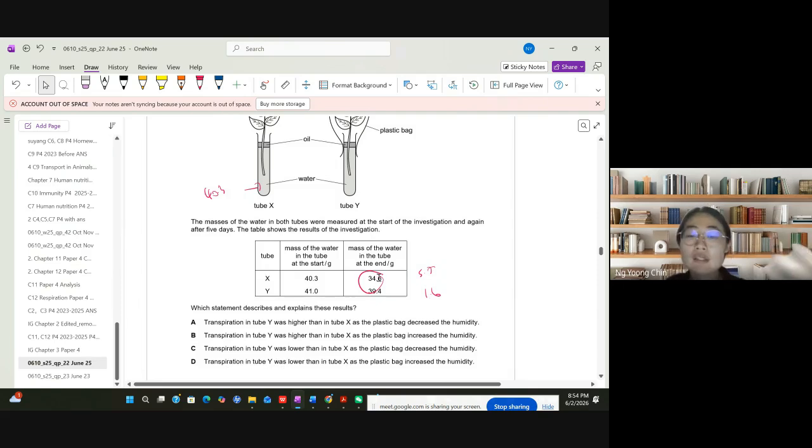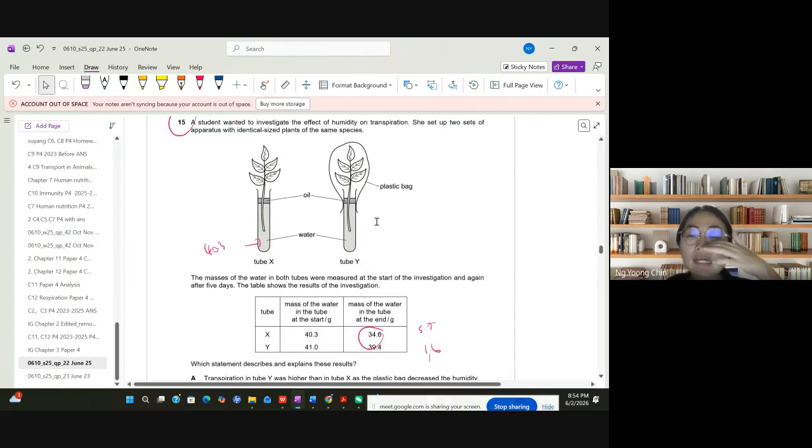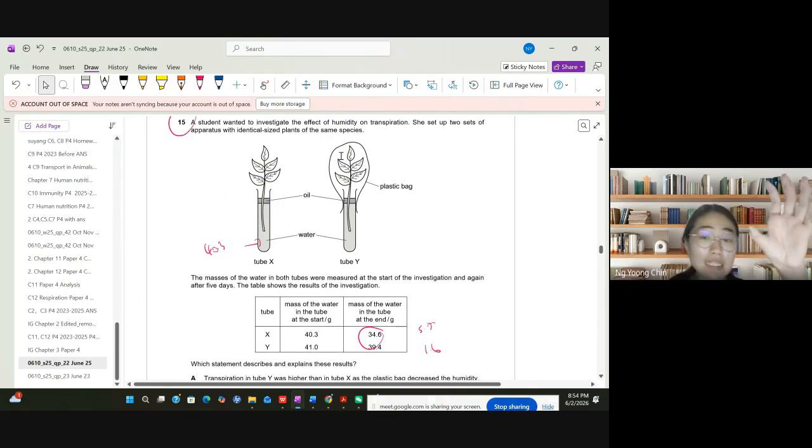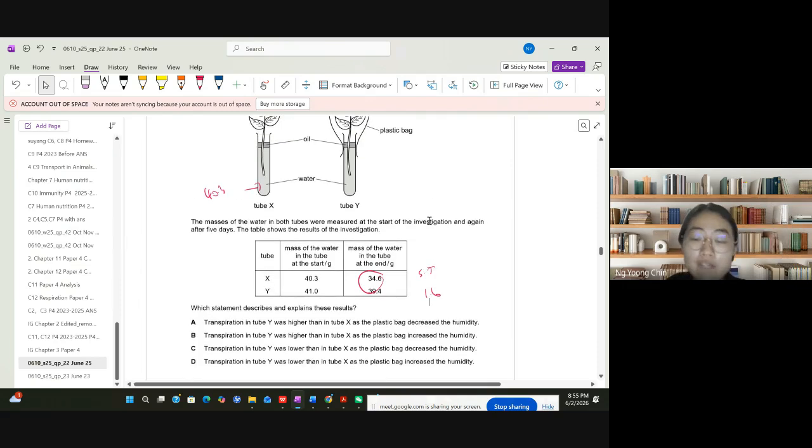Yes, because X lost more water, so X has a higher rate of transpiration. Why did Y lose a lesser amount of water? If they are trapped with a plastic bag, it increases the humidity because water vapor cannot be released to the atmosphere. It is just trapped inside the plastic bag, so they lost less water. If you increase the humidity, you are actually reducing the rate of transpiration.